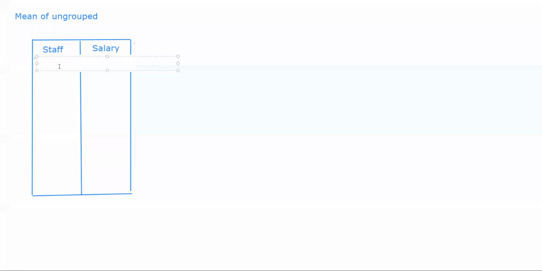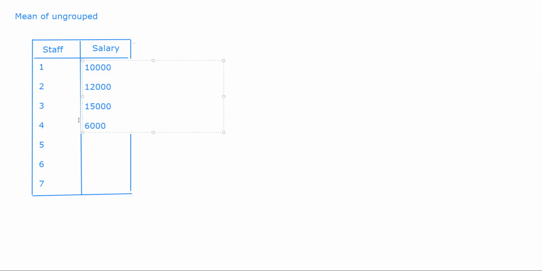Let's suppose we have a staff of 7 people, and with their salaries, suppose we start off with 10,000, 12,000, 15,000, 16,000, keep it close by, 14,000, 13,000 and 11,000. Okay. Now these are the observations.